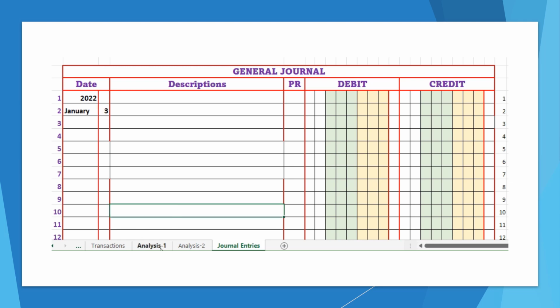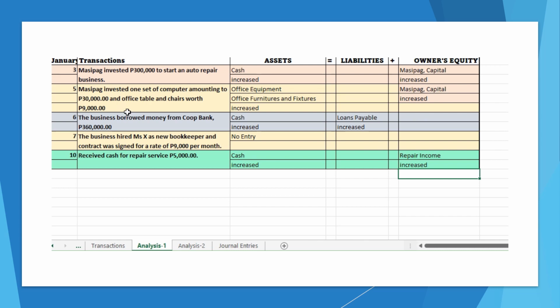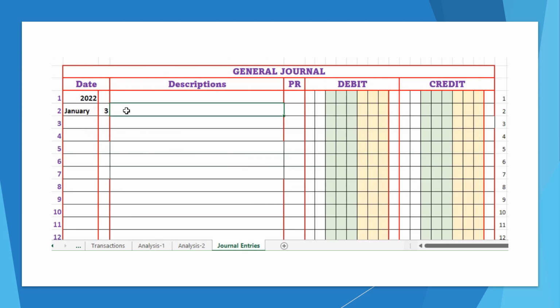And if we are going to return to the analysis, so cash is debited and masipag capital is credited. So, debit cash, 300,000.